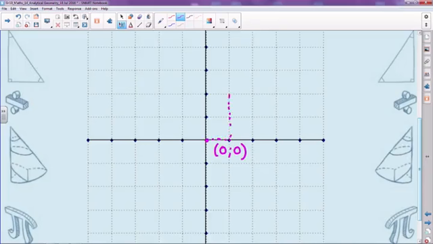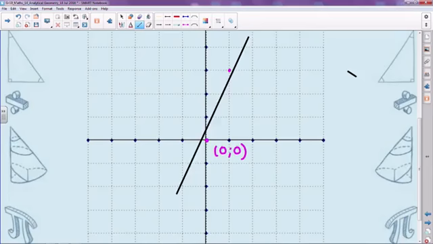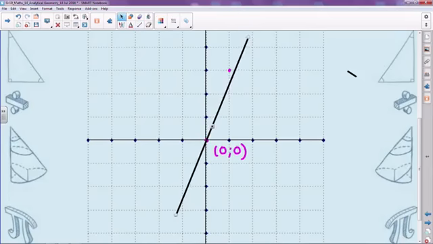How many points do I need to plot a straight line? I actually only need 2. Let's see if we can change this color to something more appealing. Black is perfect. Okay, so let's draw that line, and now let's get it to the right position.